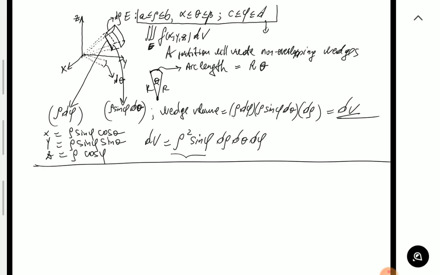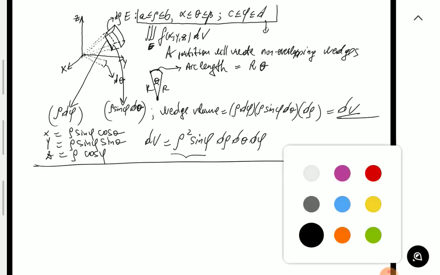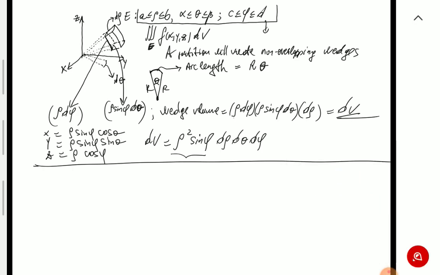So therefore, let's write this as a formula before we move on to the next page to go over a couple of examples. So in spherical coordinates, your triple integral over the solid E of a function in Cartesian coordinates f of x, y, z dv is going to be the integral from, in this order, c to d, those are the bounds of phi, alpha to beta, those are the bounds of theta, and a to b, in my notation, the bounds of rho.